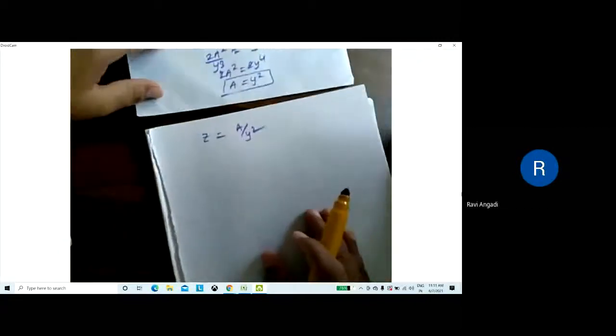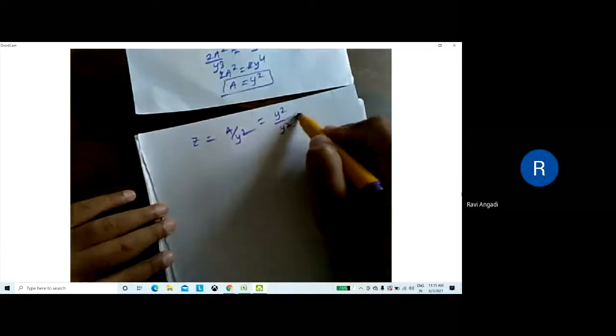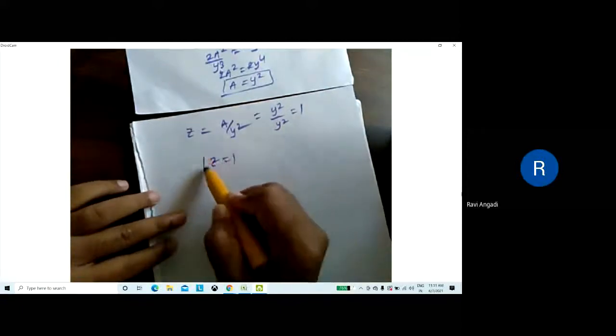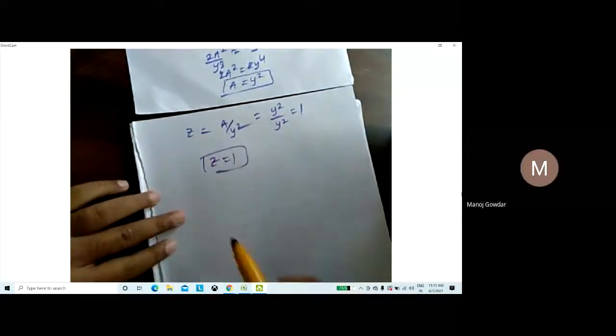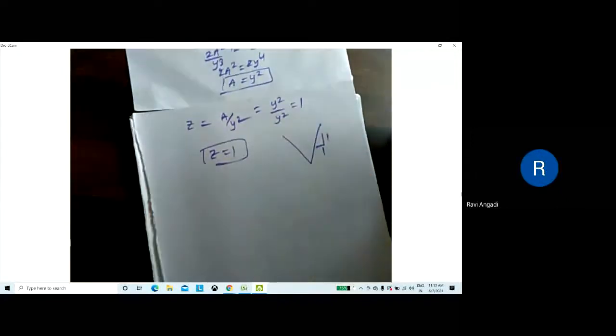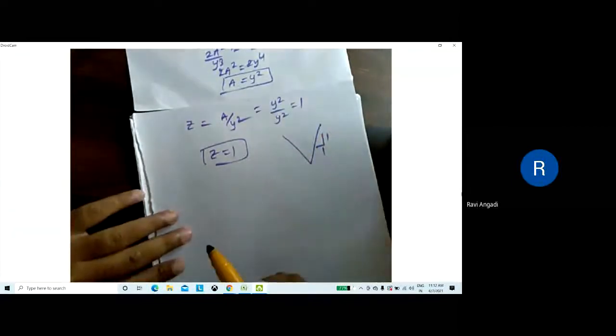Then what is the value of a already calculated? Y square. Y square is equal to 1. So what is the value of z? 1. Then the side slope has become 1:1. Understood? Yes, sir.